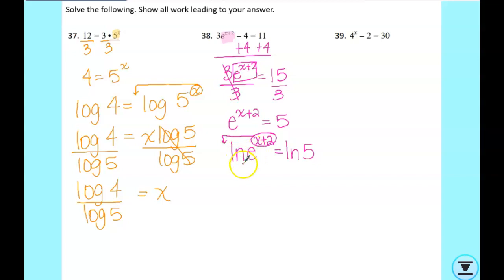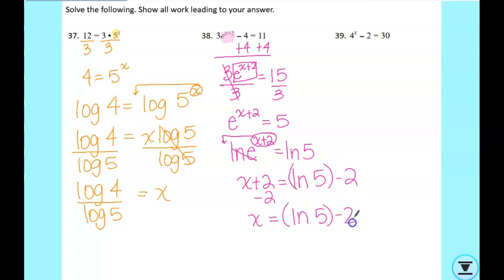And ln is a log base e, and e has the same base. So really, this part is going to cancel out, and we get x plus 2 is equal to ln of 5. To get x by itself, we subtract 2 from both sides. So we get x is equal to ln of 5 minus 2.